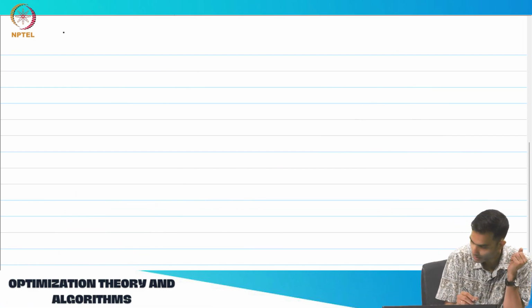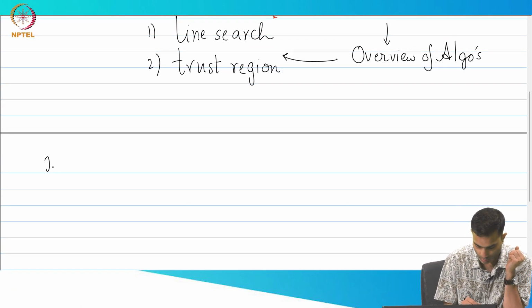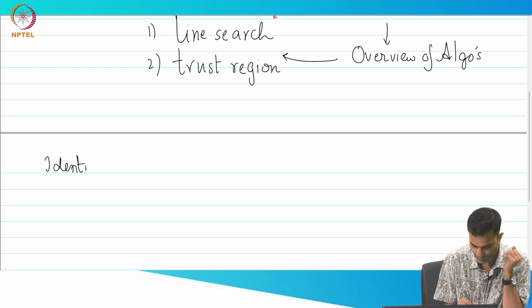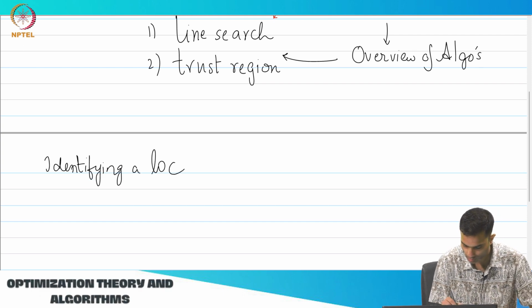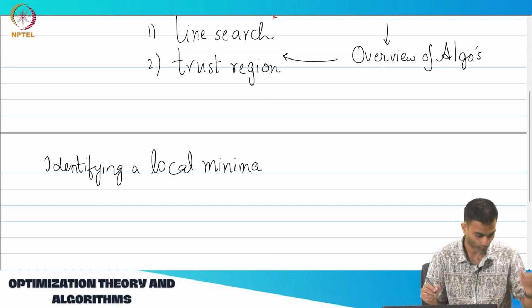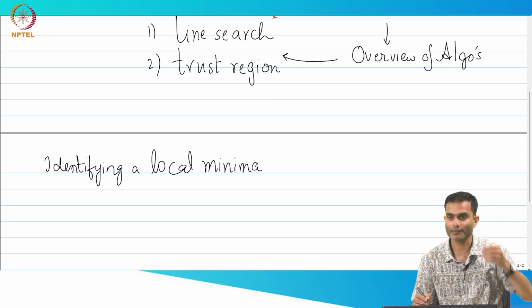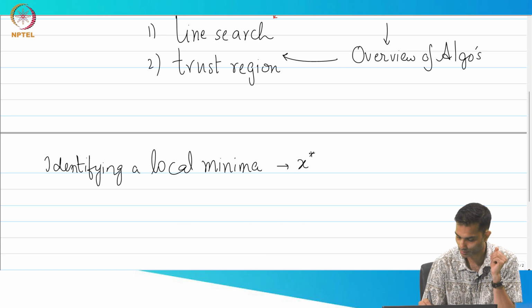So our theme now is identifying. That's the first thing I want to do. Now, to give a special word for this local minima, I'm going to write it as x with a star on it.